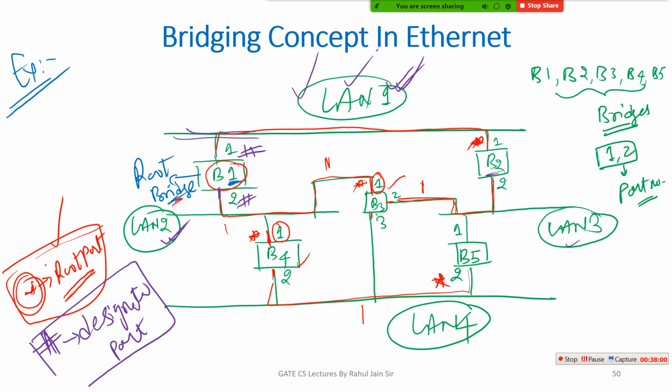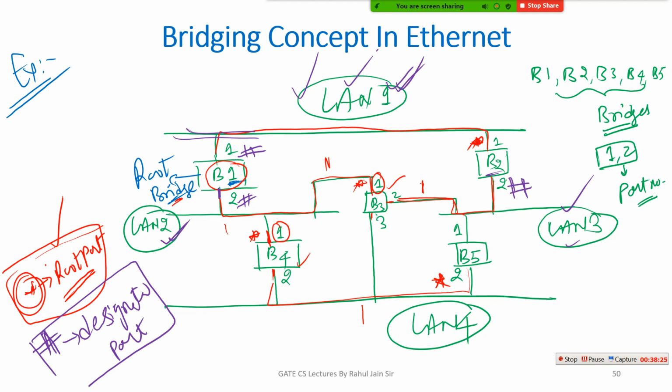If I choose B3, I need to go to B3 first and then to B1, but B2 and B3 are the same. So suppose I am choosing B2's second port as the designated port for lane 3.